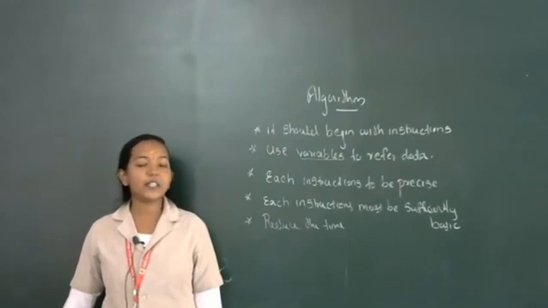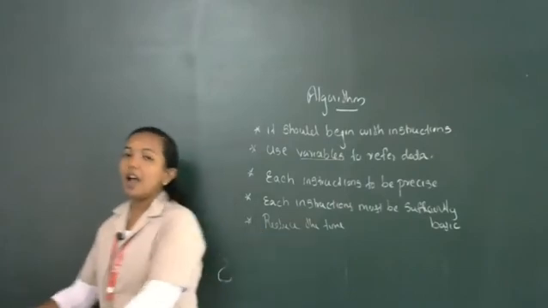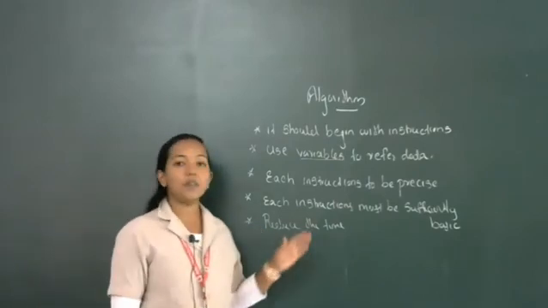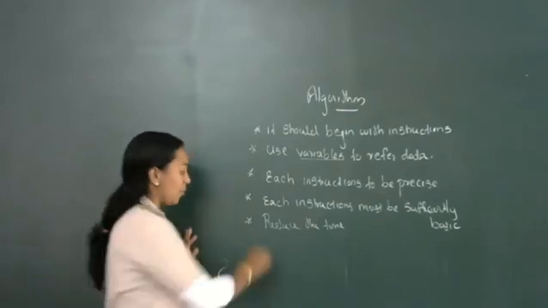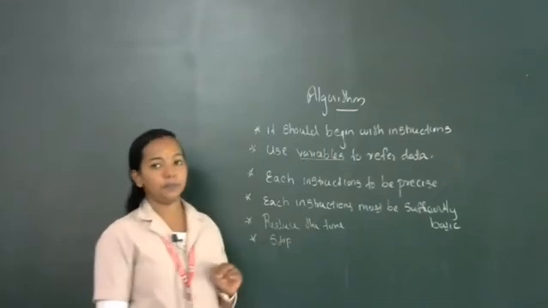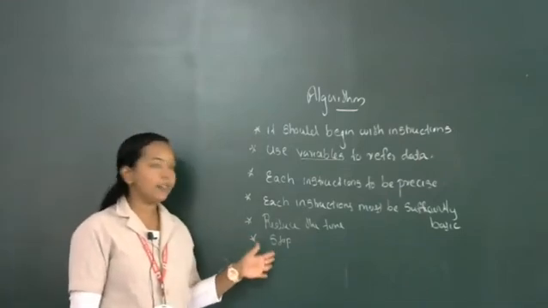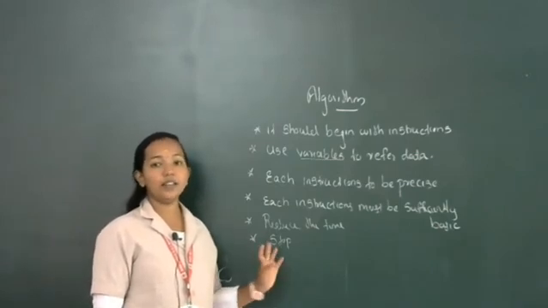That means you want to reduce the time complexity. And the last one: after executing the algorithm, once all the steps are over, you want to terminate it. For terminating, we always use the command called stop.